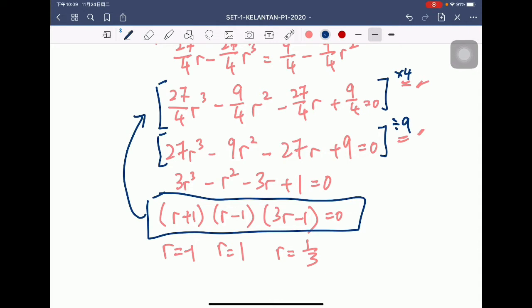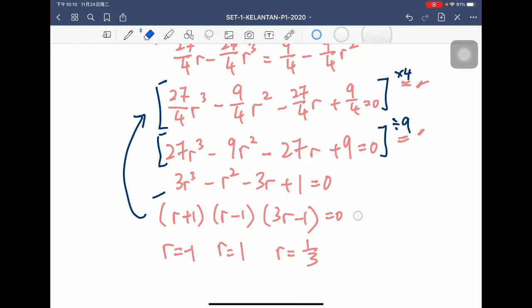It means that if you didn't multiply by 4 and divide by 9, you can't get the same factors as the equation you wrote above. So you have to remember in AddMath, in any kind of math, you need to simplify until it cannot be simplified anymore, and then you can solve the equation.